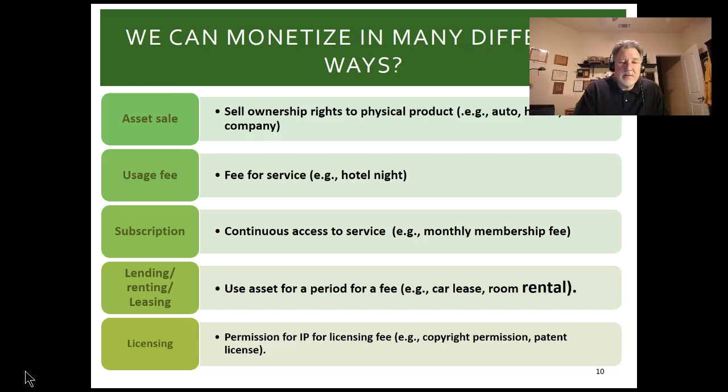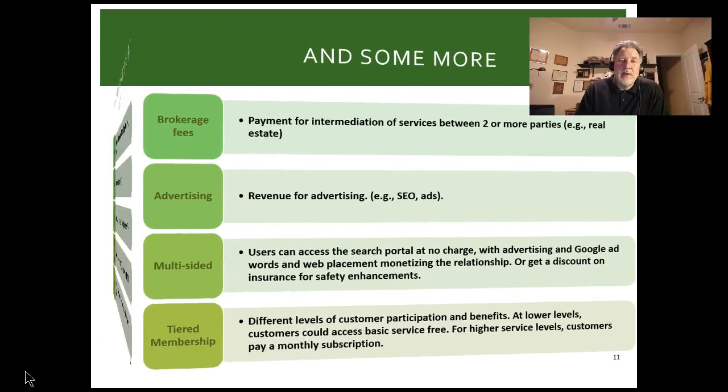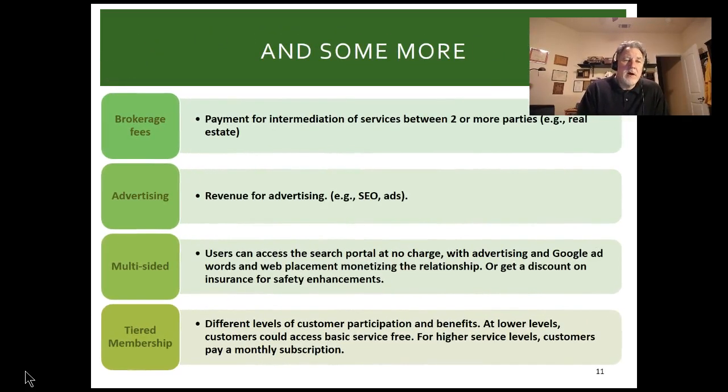Then licensing, which is for the intellectual property, which is a licensing fee, which could be copyright permissions or patent licensing. And then a few more. If you're in real estate, you look for commission that comes when you put together a deal. Advertising is revenue for the advertising, which is paying for space or the ads, or for SEO and hosting an ad, but also in terms of AdWords.